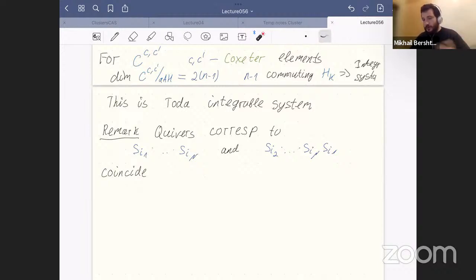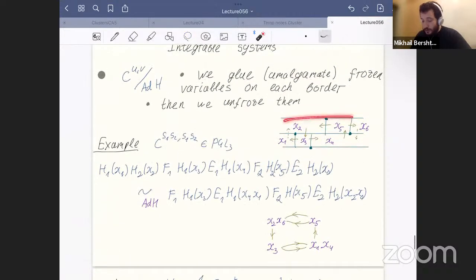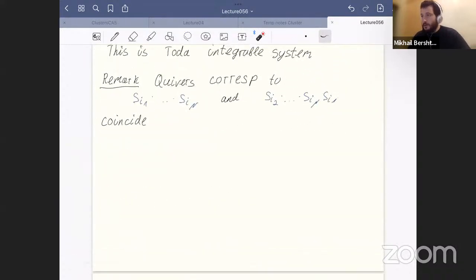Because now we draw these vertical edges, but since we glue the borders, one can think that we draw them on a cylinder. So all these lines, actually not lines, are circles. So it doesn't matter. This line can somehow go and appear at this point.